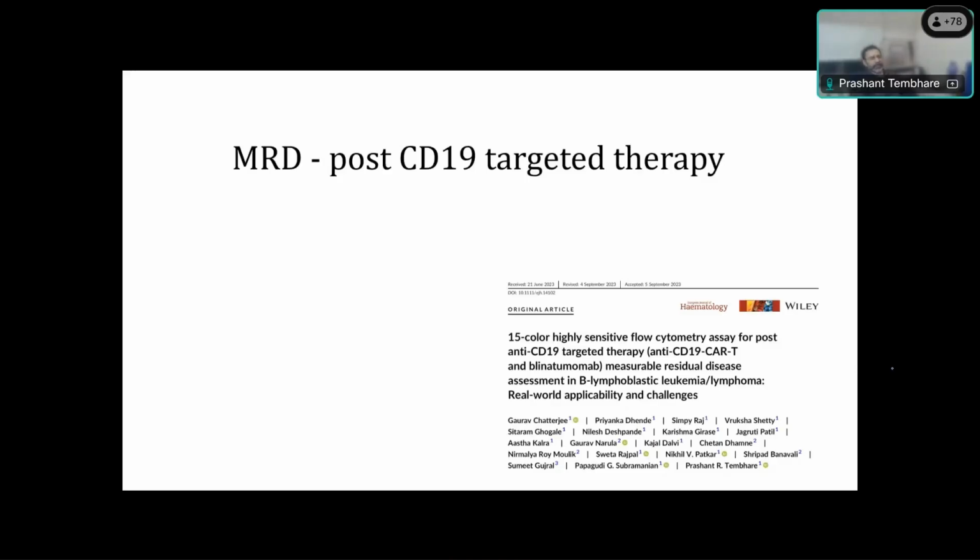That means one log below the clinically useful cutoff. The clinically useful cutoff is 0.01%, but any assay should be sensitive enough to go at least 10 times below it, that means 0.001%. For that, you have to acquire a minimum of 4 million viable singlet cells. This is the recommendation of the current consensus guideline formed by the Indian Flow Cytometry Society.